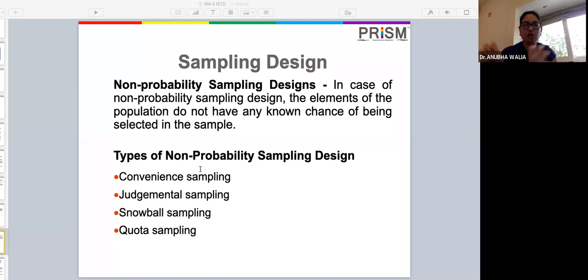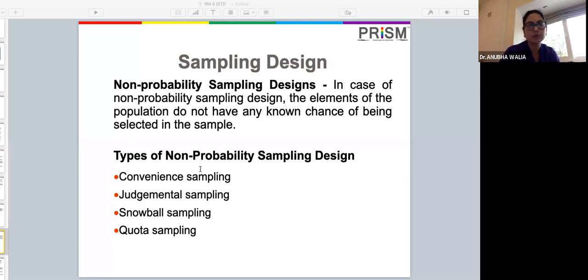So something which is near to me, I'll do that. A sample population gets selected because it is readily available and convenient. And the researcher using such a sample cannot scientifically make a generalization about the total population from this particular sample because it doesn't represent the population well enough.